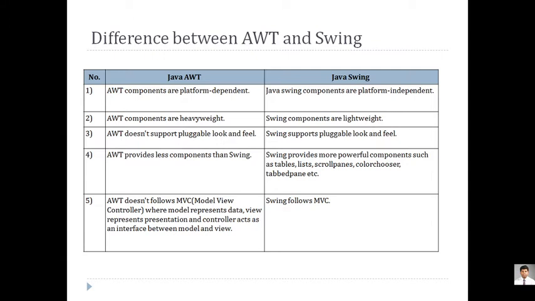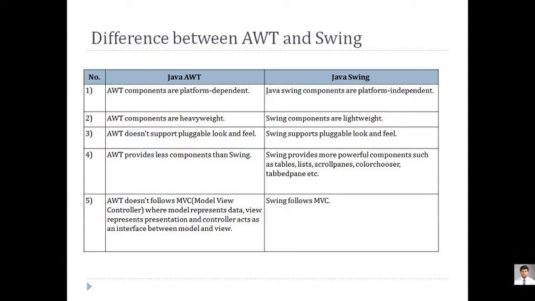We have also seen the basic differences between the AWT and Swing components. As far as Swing is concerned, it is platform independent, lightweight. Pluggable look and feel can be added. Apart from that, a lot of powerful components have been added, like a color chooser, a scroll pane, and a list or a table.